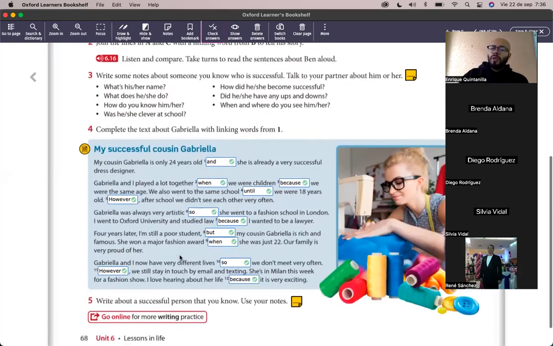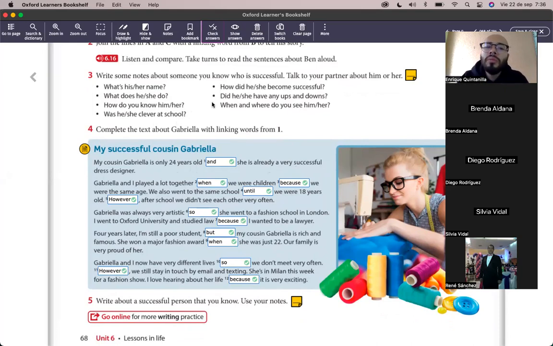Remember, whenever we are writing, follow the model, and you can talk about his age, describe the person a little bit, what's his job. Here are some suggestions for you answering the questions here. What's his name? What's her name? What does she do? I suggest that you first do this part and then you start writing.